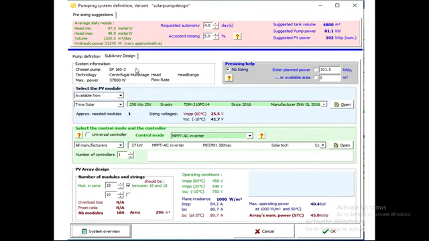You can check and choose the solar panel, the type and manufacturer. Here I have chosen a different company, like Trina Solar, 250 watt peak, voltage 25 volts. This is at maximum temperature, and you have to choose the inverter. What is the inverter you have chosen? 37 kilowatt.